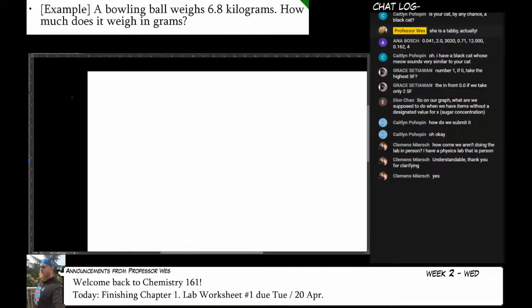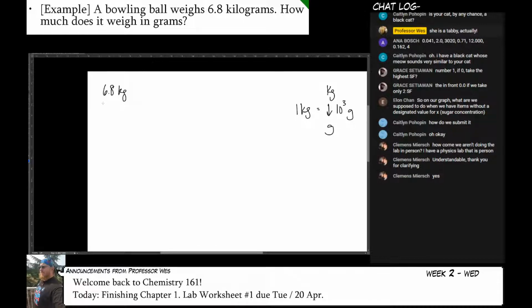All right, so if I have a 6.8 kilogram bowling ball, and I want to figure out its mass in grams, I could form a relationship between kilograms and grams like this. 1 kilogram is equal to 1,000 grams.